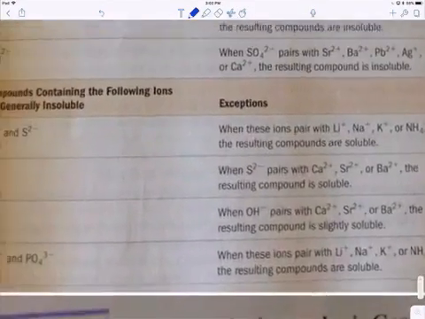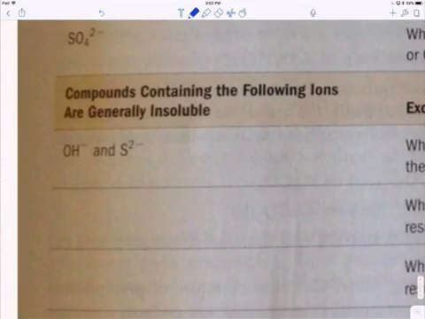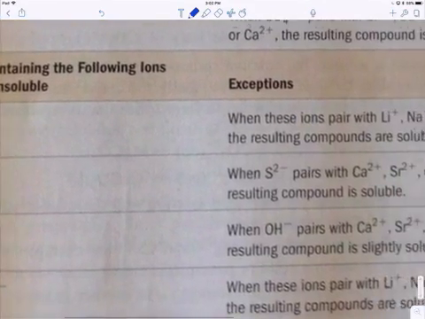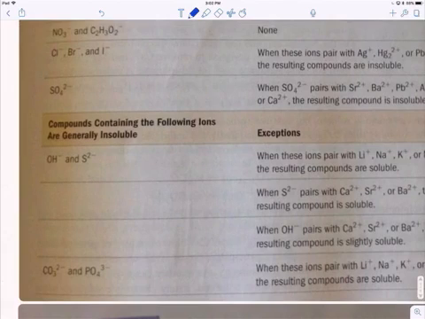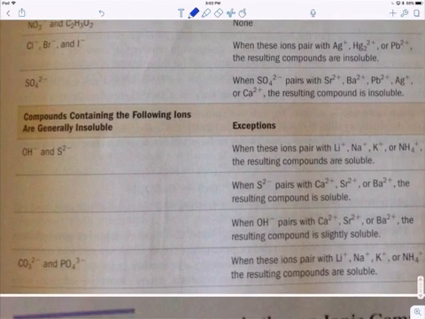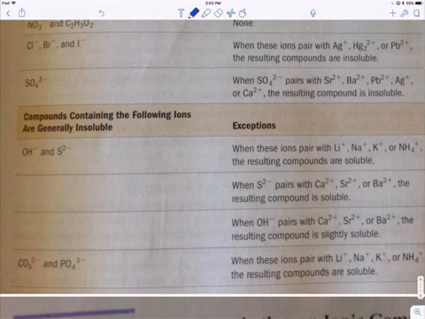Then we have hydroxides. These tend to be insoluble, and hydroxides and sulfides are insoluble unless there are alkalis or ammoniums, because they're always soluble. And sulfide with the alkaline earths tends to be soluble, and hydroxides with the alkaline earths are slightly soluble. I personally wouldn't call them slightly soluble.